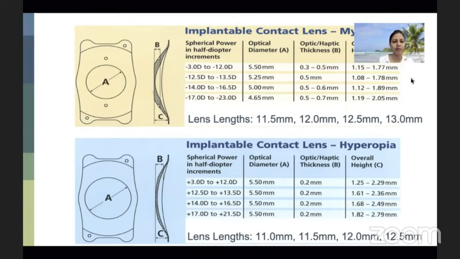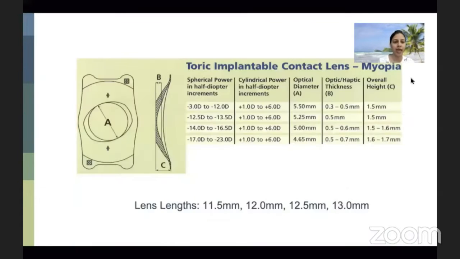It is always 5.5 mm in hyperopic ICLs. The available power ranges from -3 to -23 diopters for myopic ICLs, from +3 to +22 for hyperopic ICLs, with an added positive cylinder of +1 to +6 diopters for toric ICLs correcting myopia.